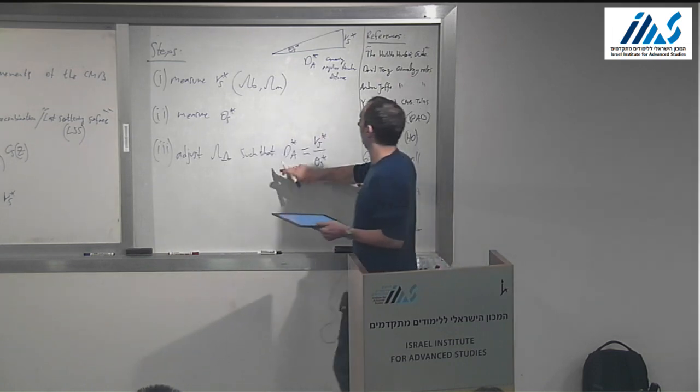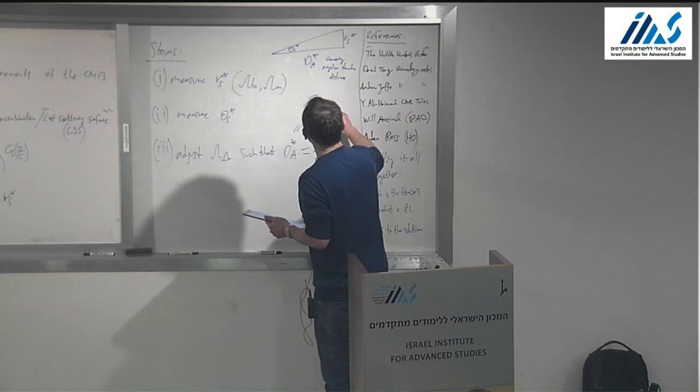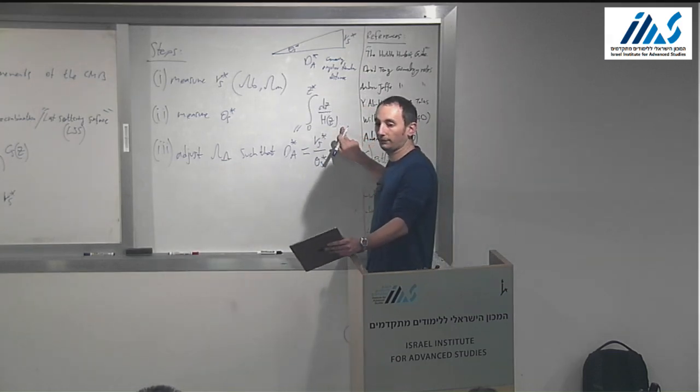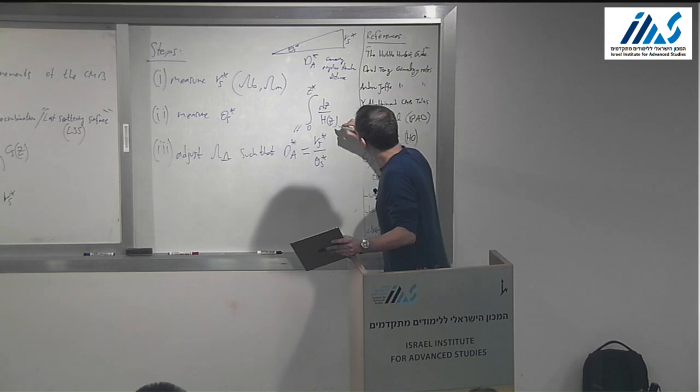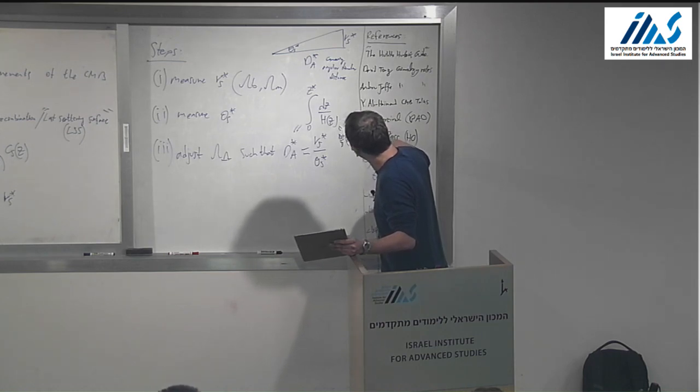Okay, so d_A is this. H, we saw before from the Friedmann equation, H is related with some constant, 8 pi G over 3, times the sum of the rho's, right?